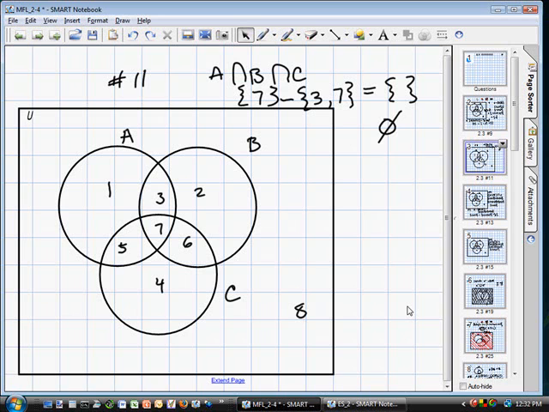Okay. Here's 11. Where do A, B, and C all overlap? 7. So I'm starting with that. And then what are you supposed to remove? The union of A and B. Thank you, the intersection of A and B. And the intersection of A and B is 3 and 7, right?